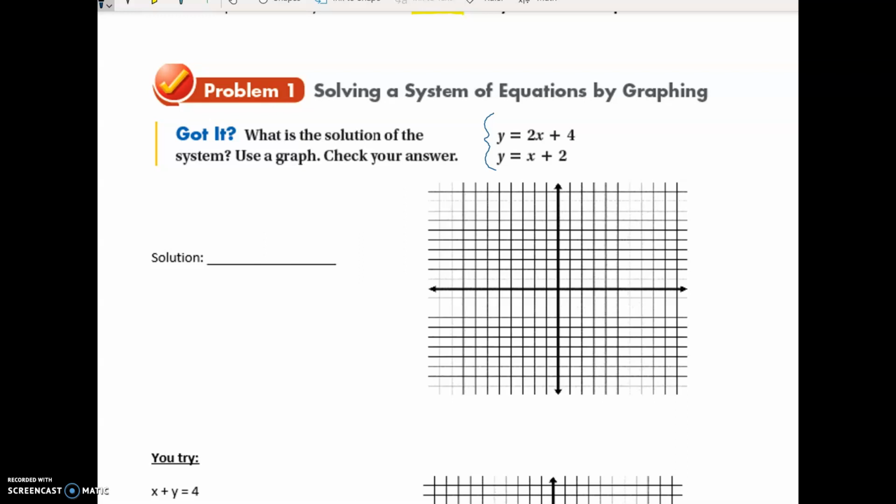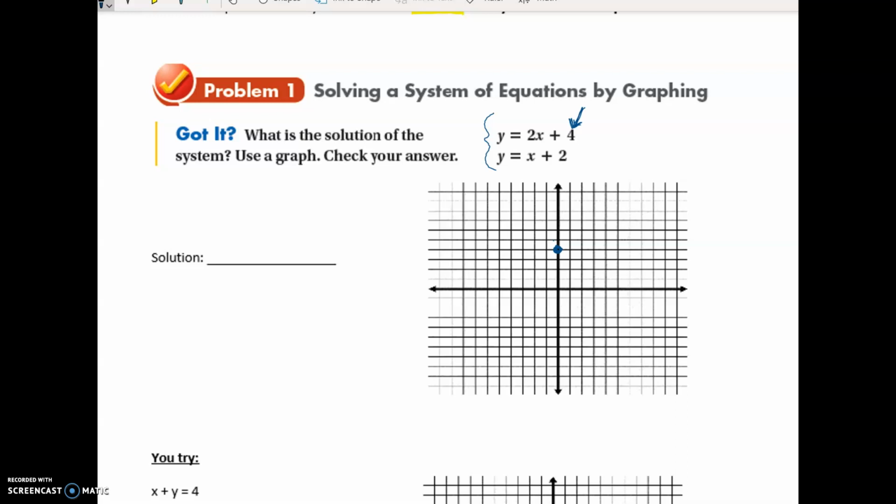In the first equation, it's already set up for us, y equals mx plus b. We know that the 4 here is our starting point. So I would start at the 0 at the origin, go up 4 on my y-axis and make a point.